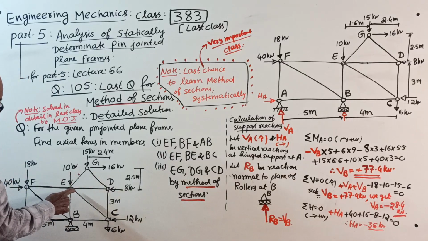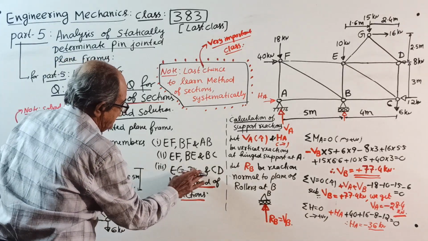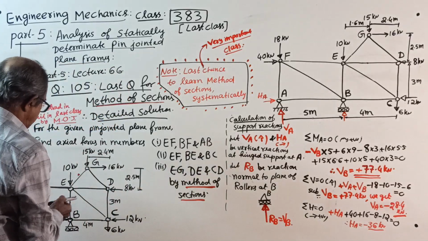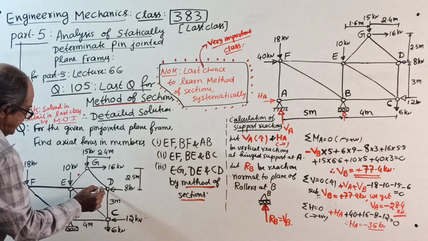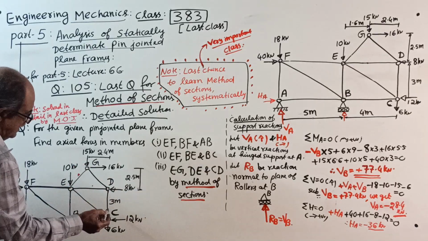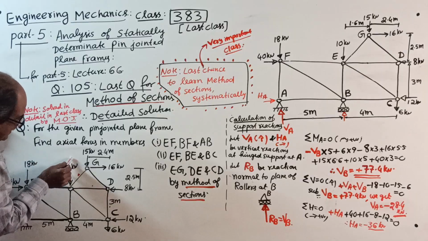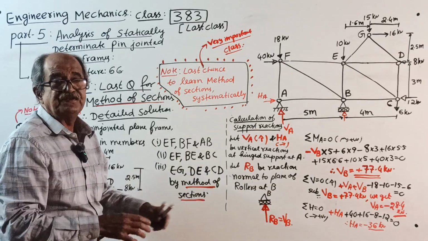EG. Then DE. It should be DE here. Okay. Misprinted. DE. Okay, I'll change it. EG, DE, and CD. That is, we will take a section here. This. All by method of section.